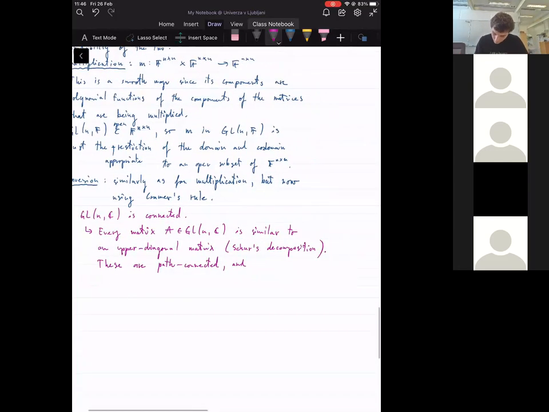So conjugation in any Lie group is a diffeomorphism, and if it's a diffeomorphism, it's obviously a continuous map.